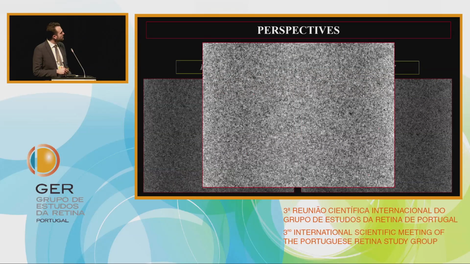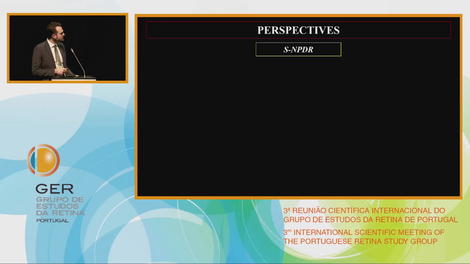This is the differential map, and it's quite hard to detect some red spots in this image that highlight perfusion changes. So it means that with an increase in blood pressure, there are some compensating mechanisms that inhibit potential changes in perfusion at the level of the choriocapillaris.